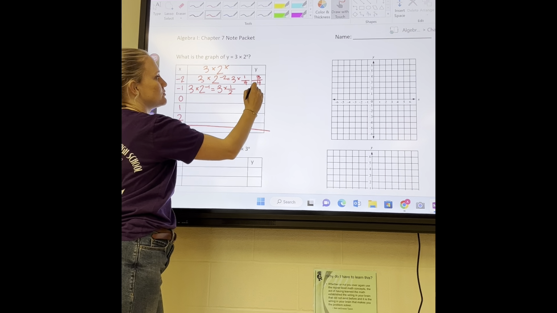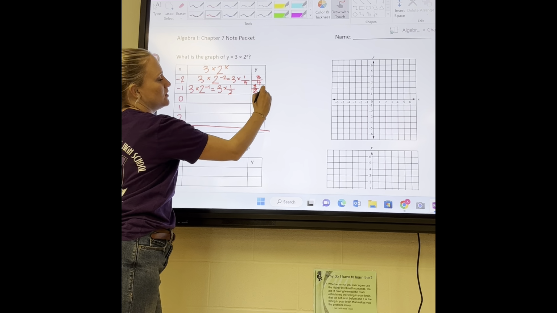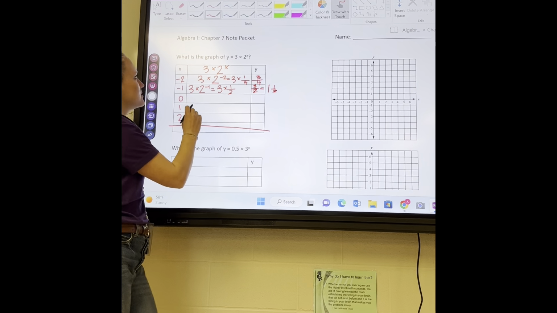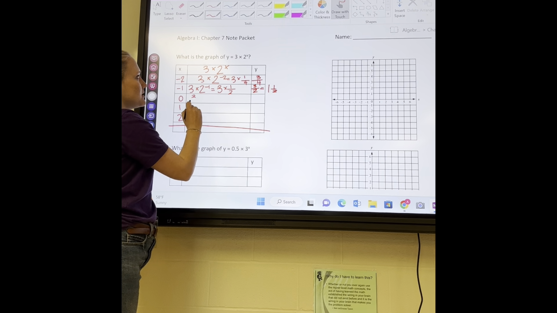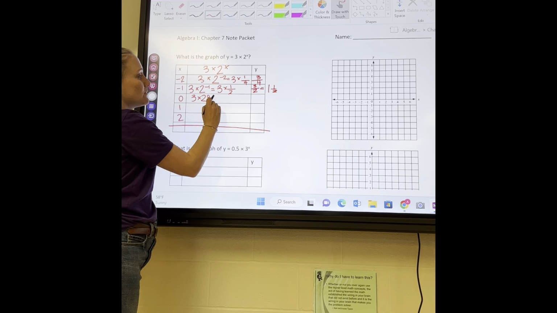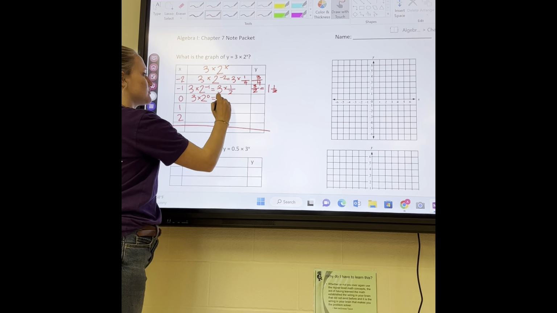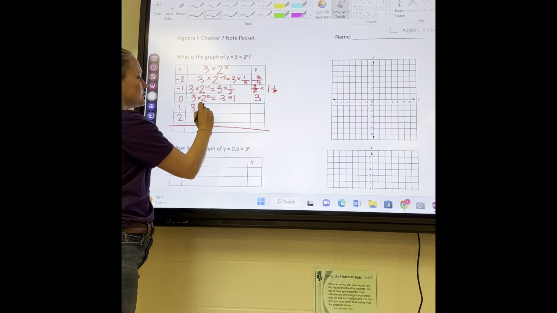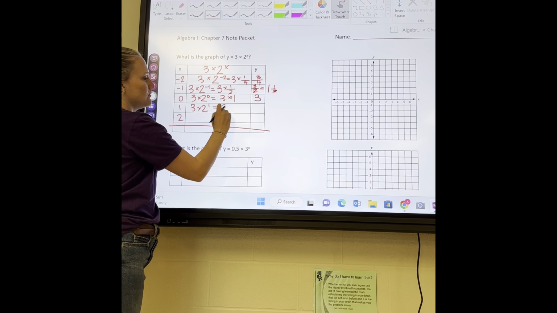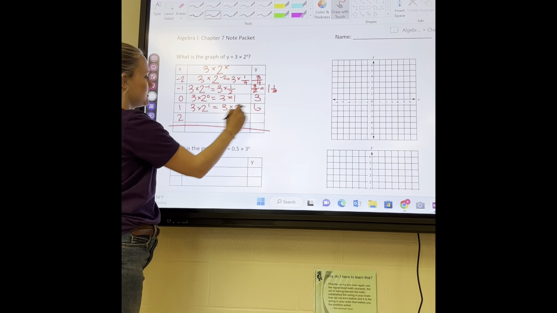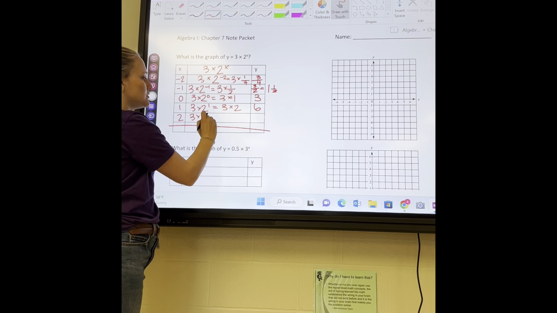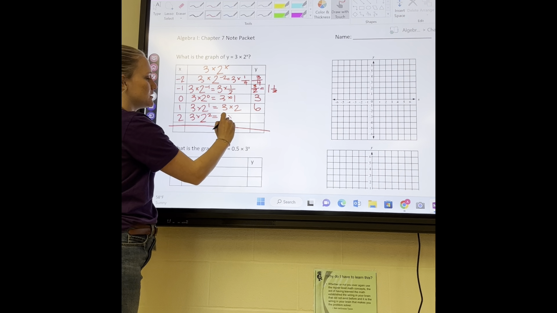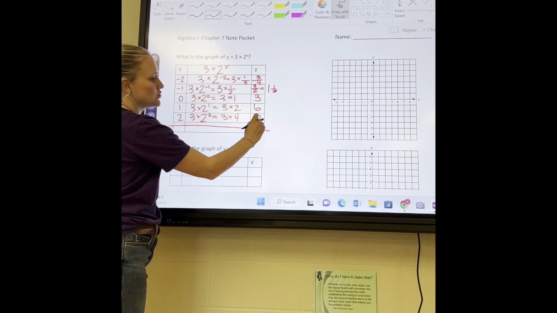So 3 times 1/2, which would be 3/2, or 1.5. For 0, it'd be 3 times 2 to the 0, and anything to the 0 power is 1. So 3 times 1, which is 3. 3 times 2 to the 1 power, which is just 3 times 2, which is 6. And then 3 times 2 squared, which would be 3 times 4, which is 12.